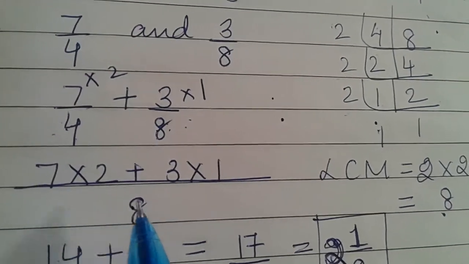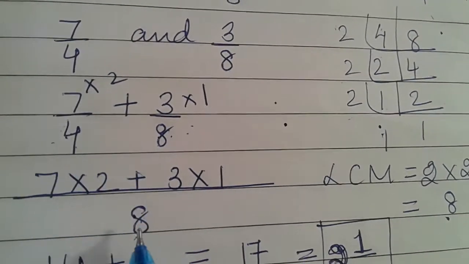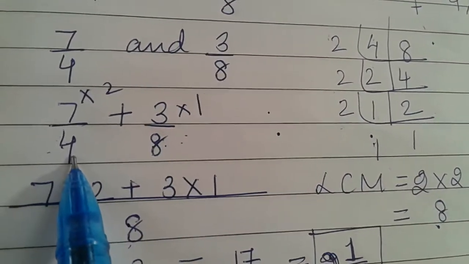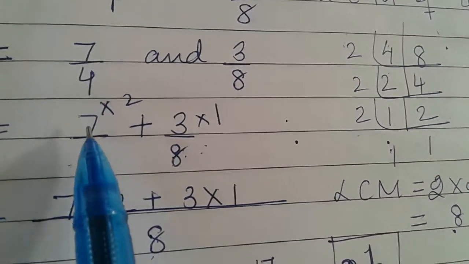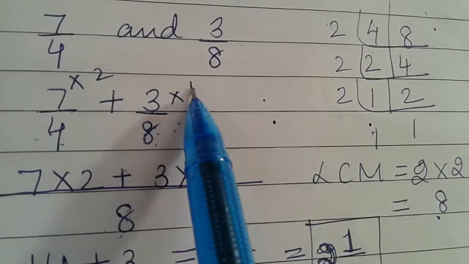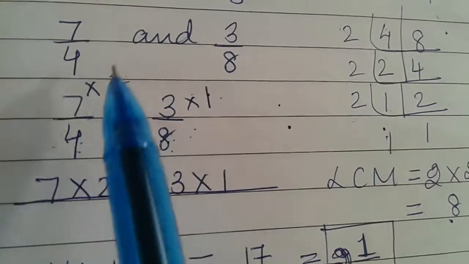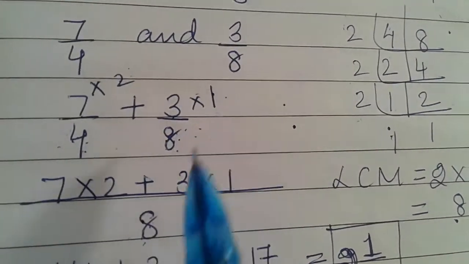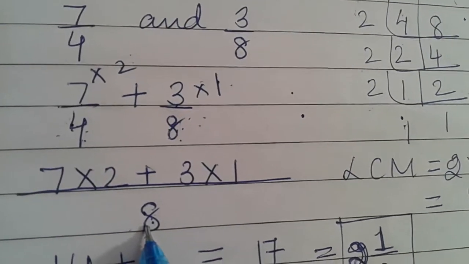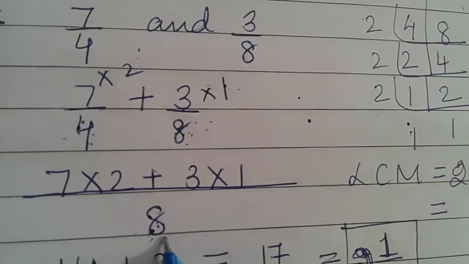Now we have to find out 4 how many are 8? 4 2s are 8, so multiply the numerator by 2. 8 how many are 8? 8 1s are 8, so multiply 3 by 1. Ask the question: 4 multiplied by which number gives me 8? 4 2s are 8 and 8 1s are 8.